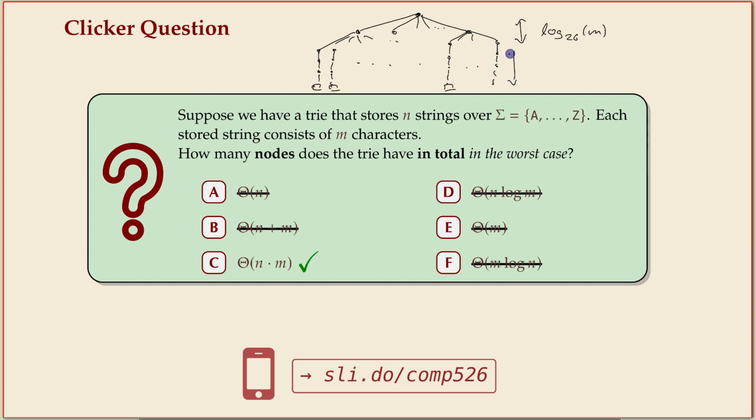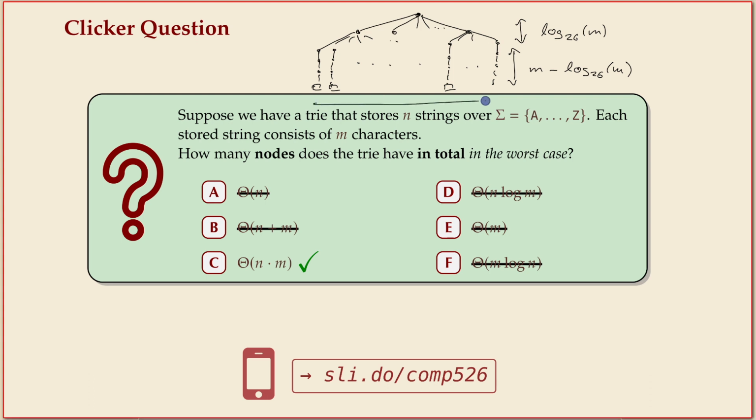So that second part, it looks in the picture like this is almost equally tall, but if you make m big enough, then that's essentially m minus this. And this log m, log base 26 of m, if m becomes big, that's a vanishing fraction. So all of the n strings, that's the other dimension I could draw.